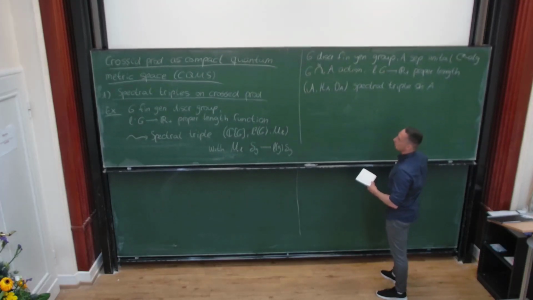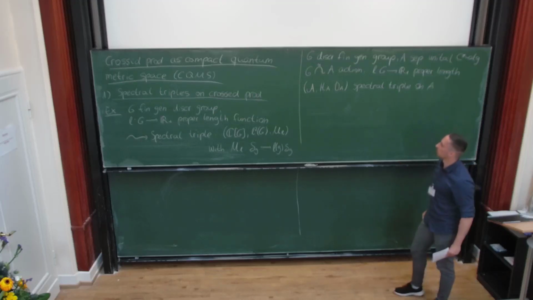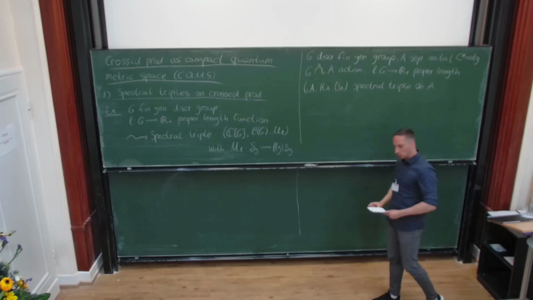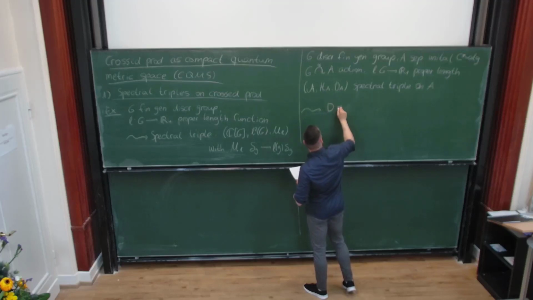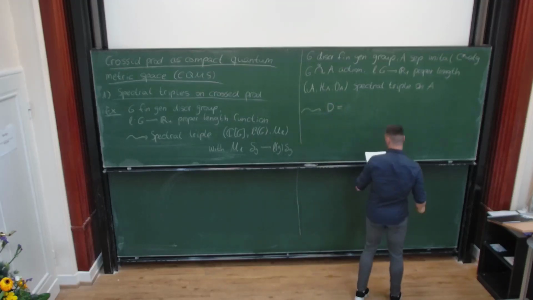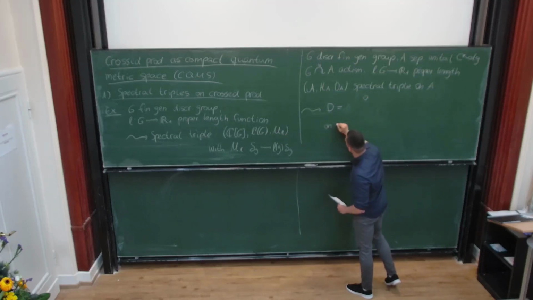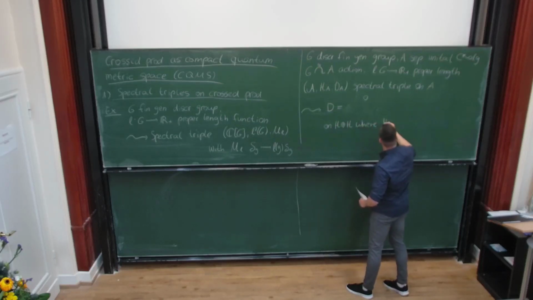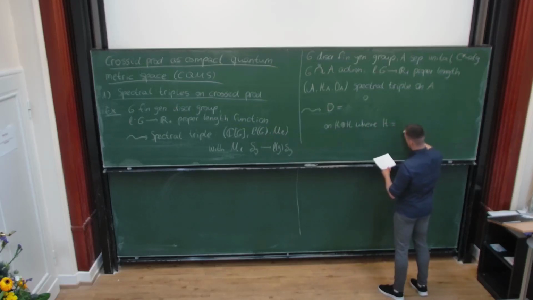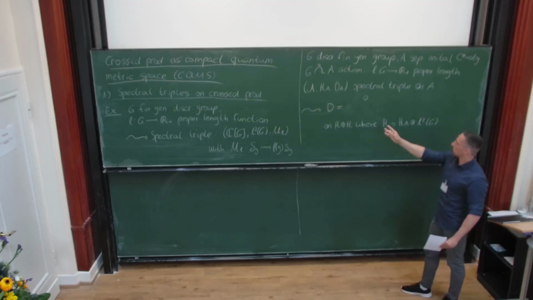So what to do next? Of course now I'll have to tell you how the Dirac operator, the corresponding Hilbert space, and the corresponding star subalgebra should look like. For this, we define an operator D in the following way. This operator should act on H plus H, where H is H_A tensor L2 of G. The operator D should look like this.